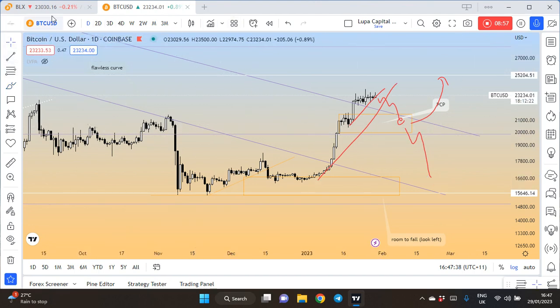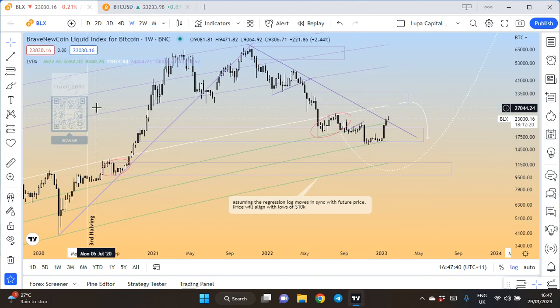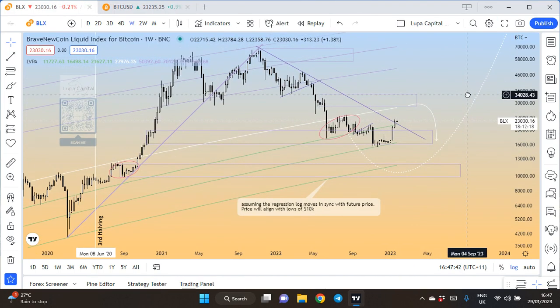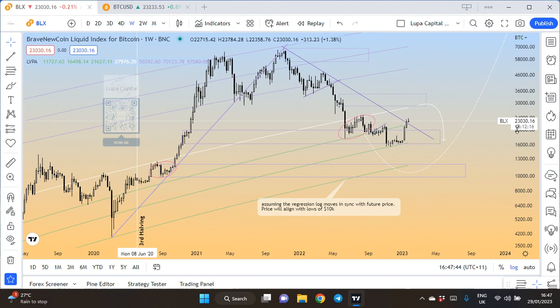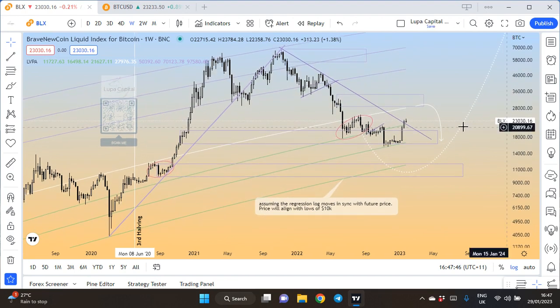Now if we flip over to the regression on the weekly, the regression works very strongly and I have been tracking it for the majority of last year.